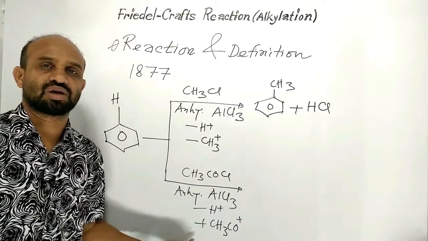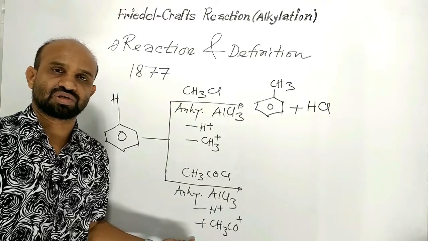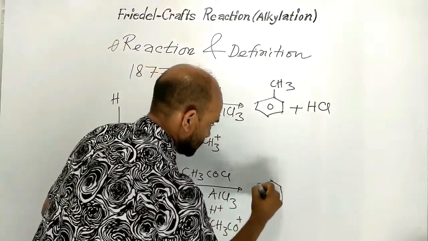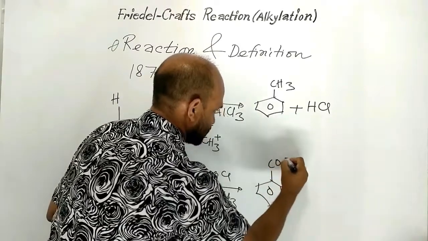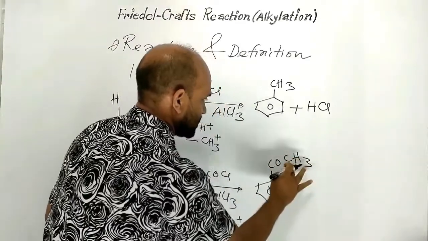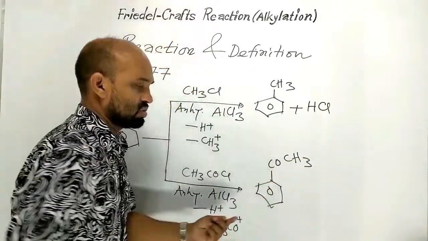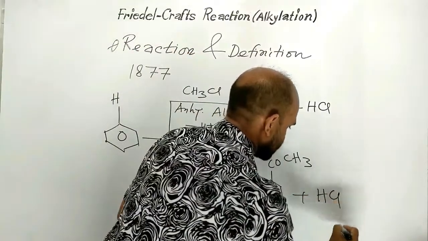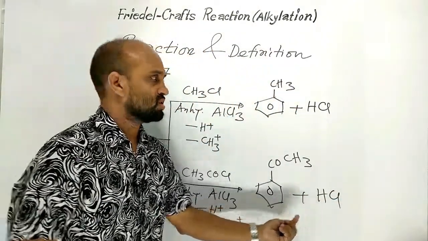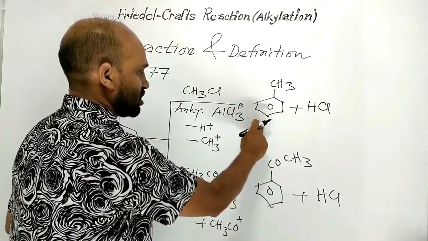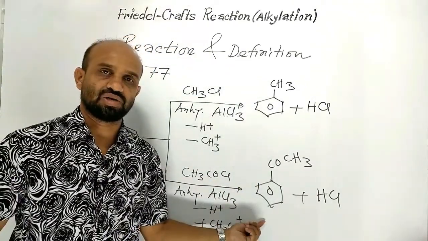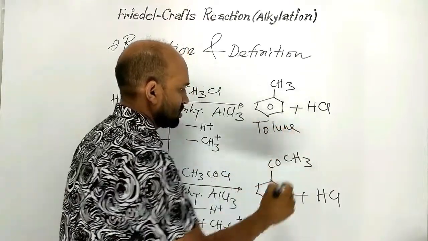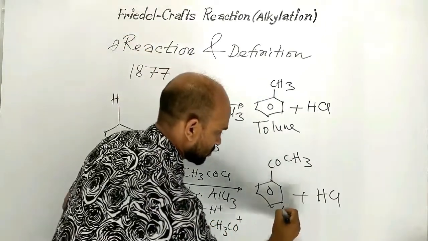So this is a kind of electrophilic substitution reaction as well, and we get here this compound, methyl phenyl ketone which is known as acetophenone, and HCl is formed as byproduct. This is aromatic hydrocarbon, this is aromatic ketone, this is toluene, and this is acetophenone.